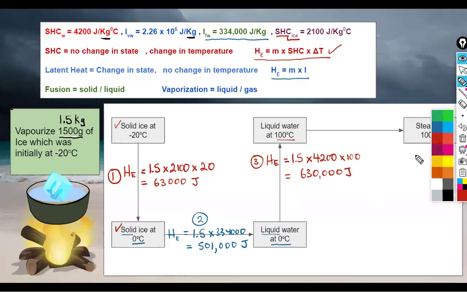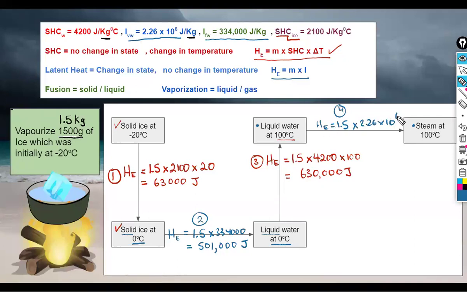And the next section is going to definitely be a latent heat of vaporization, because it's changing from liquid to gas, which is, well, steam. So for the fourth section, heat energy is the mass, which is still 1.5, and the vaporization value, the one with the V, is 2.26 multiplied by 10 to the power 6, right?